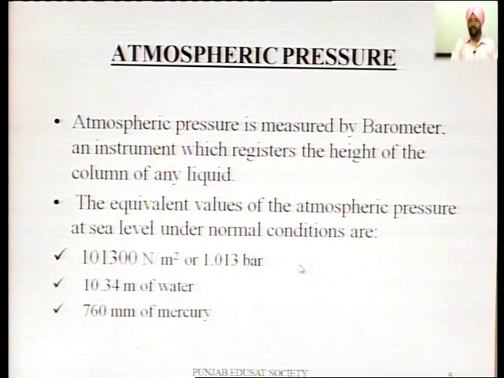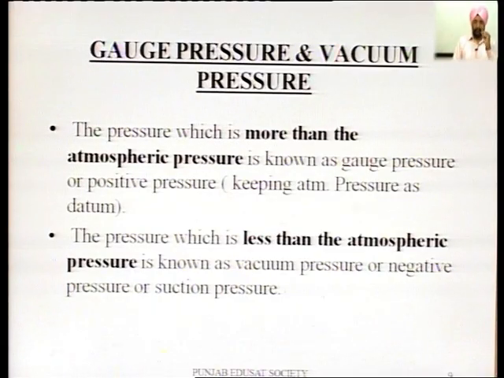We can use any one of them whenever we solve the numerical part, but most of the time 760 mm of mercury (Hg) is very prevalent, or we may convert it into meters as 0.76 meters of mercury, and use it as a standard value of atmospheric pressure.